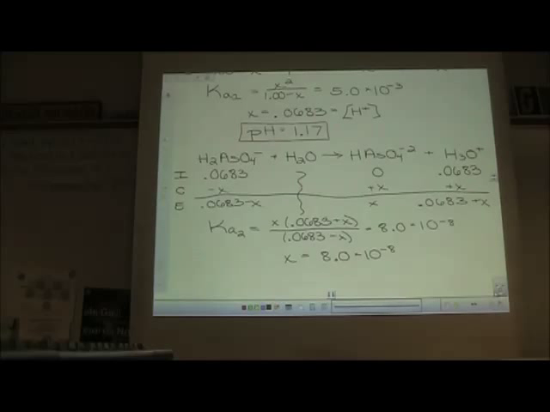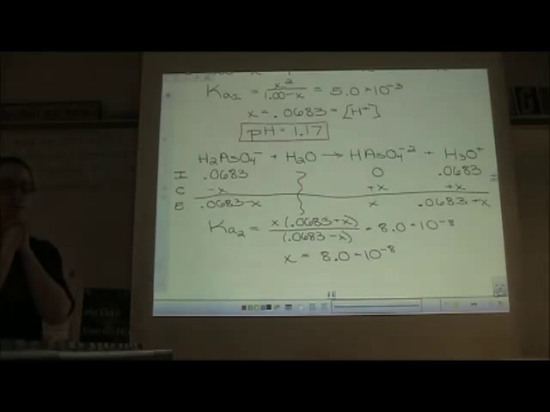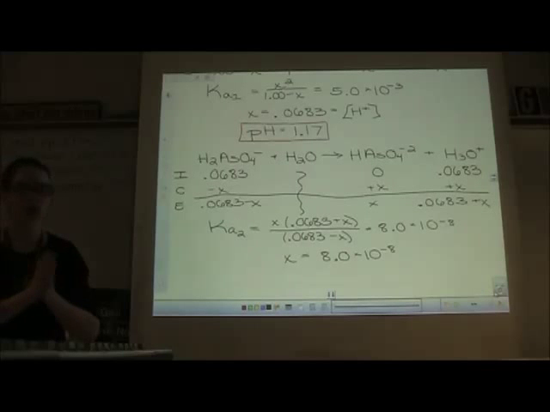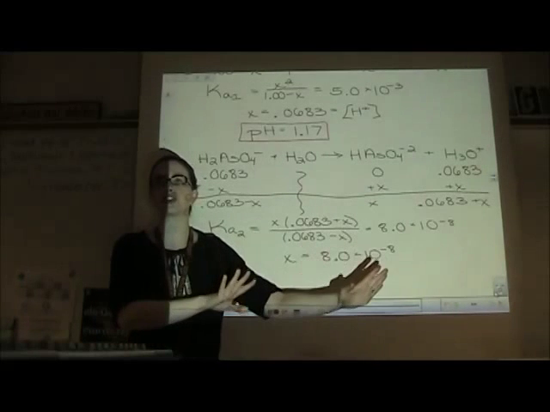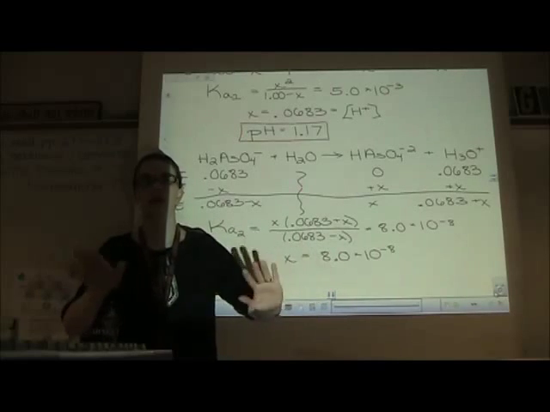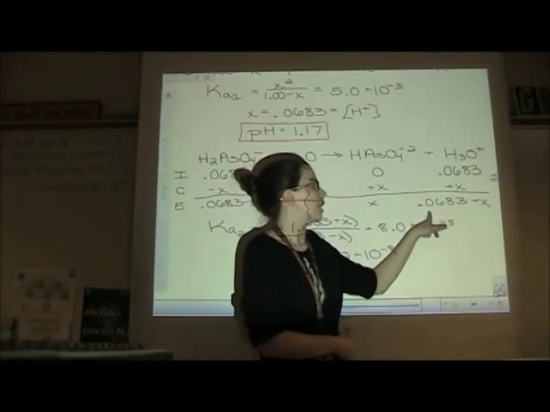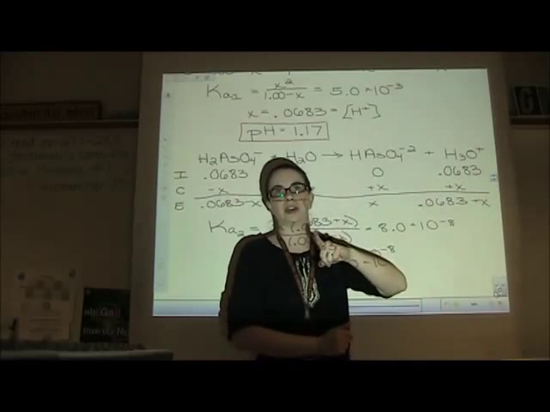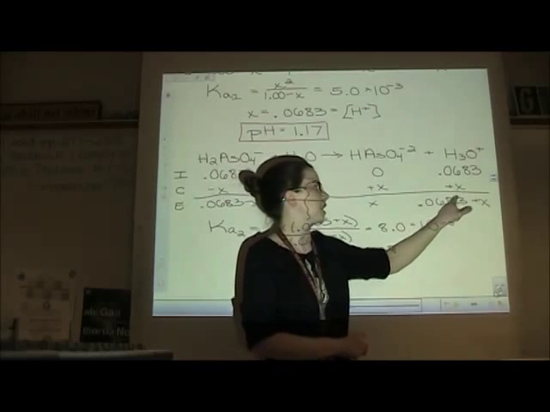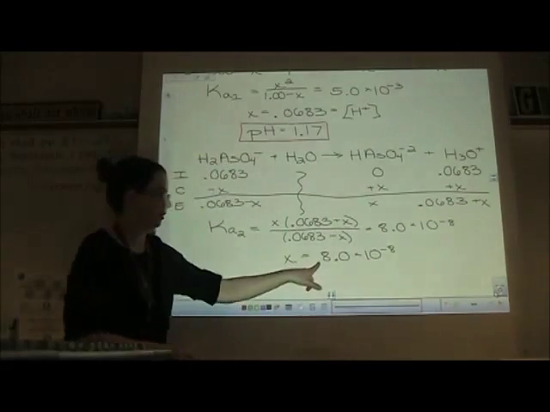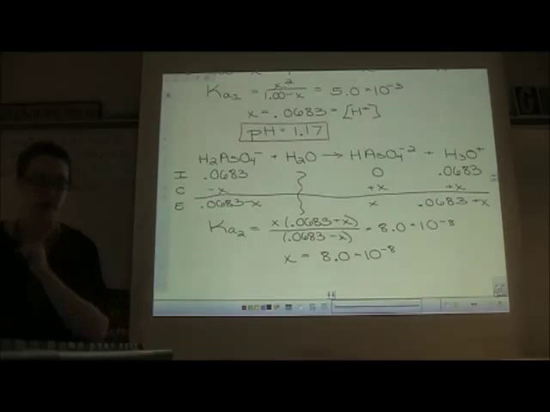Now, tell me one more time. If I'm trying to find a pH, what is the one thing that I need to find in order to do that? The concentration of H+. Great. H+, H3O+ are the same thing, yes? Yes. Here it is. If you would, please, put in your calculator 0.0683 plus 8 times 10 to the negative 8. Do it.